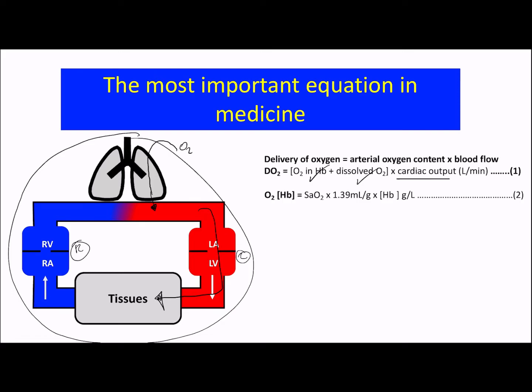how do we compute the oxygen in hemoglobin? Well, remember that a fully saturated molecule of hemoglobin can carry 1.39 mils of oxygen per gram of hemoglobin. So if you have oxygen hemoglobin saturations of 90%, that will be 90% of this value.